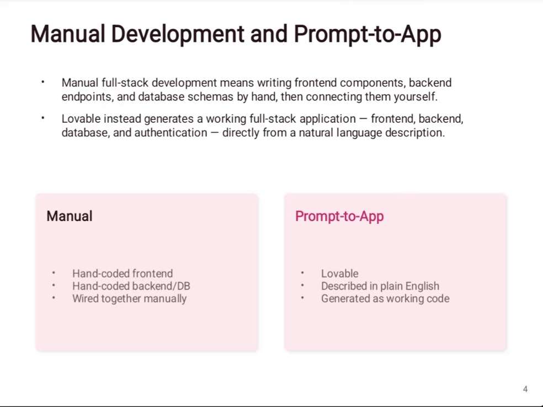Manual development and prompt to app. Manual full stack development means writing front-end components, back-end endpoints, and database schemas by hand, then connecting them yourself. Lovable instead generates a working full stack application, front-end, back-end, database, and authentication, directly from a natural language description.